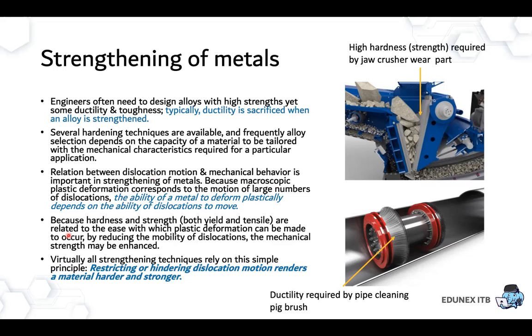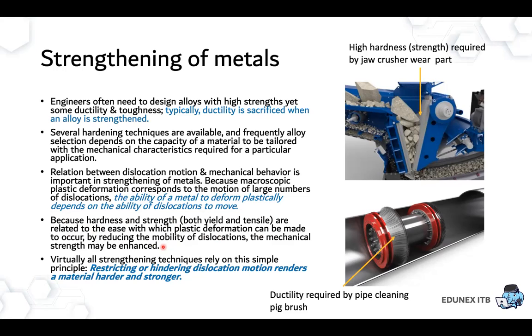Hardness and strength, whether yield strength or tensile strength, are related to the ease with which plastic deformation can occur. If plastic deformation is not easy, the metal will be strong and also hard.